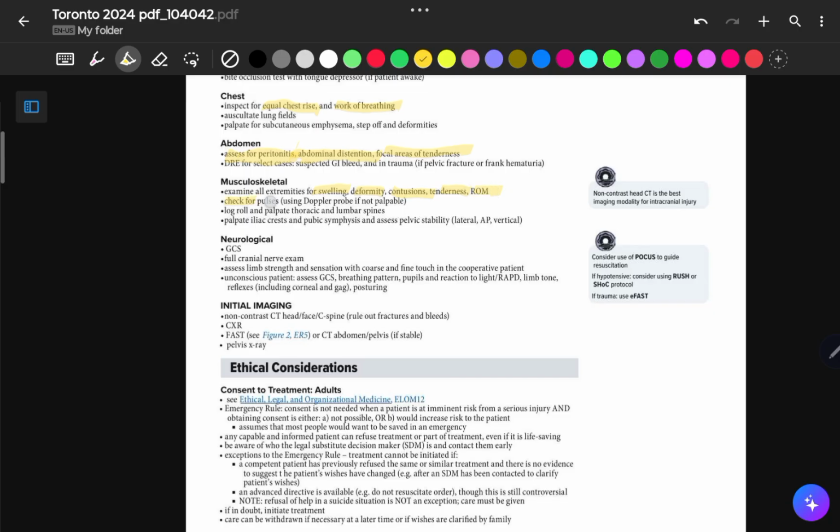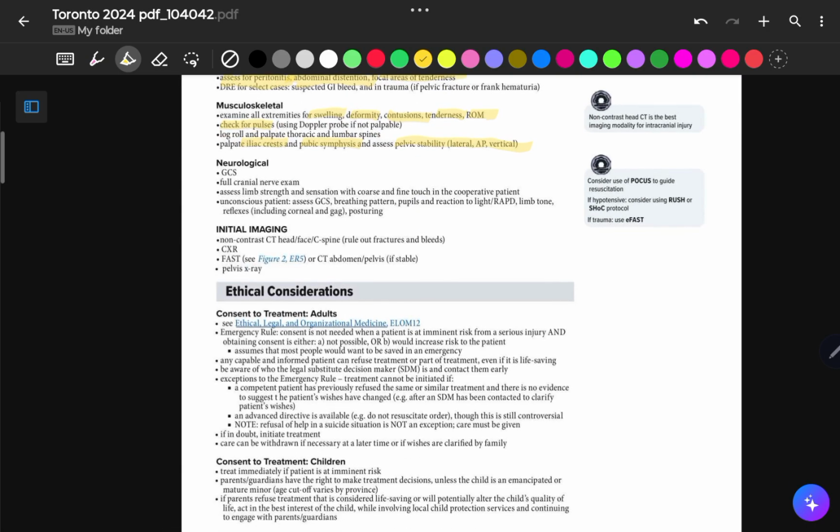You want to check for pulses, and then use a Doppler probe if you cannot palpate the pulses. Then you do your log roll and palpate your thoracic and lumbar spine, palpate your iliac crest and the pubis symphysis, and assess pelvic stability.